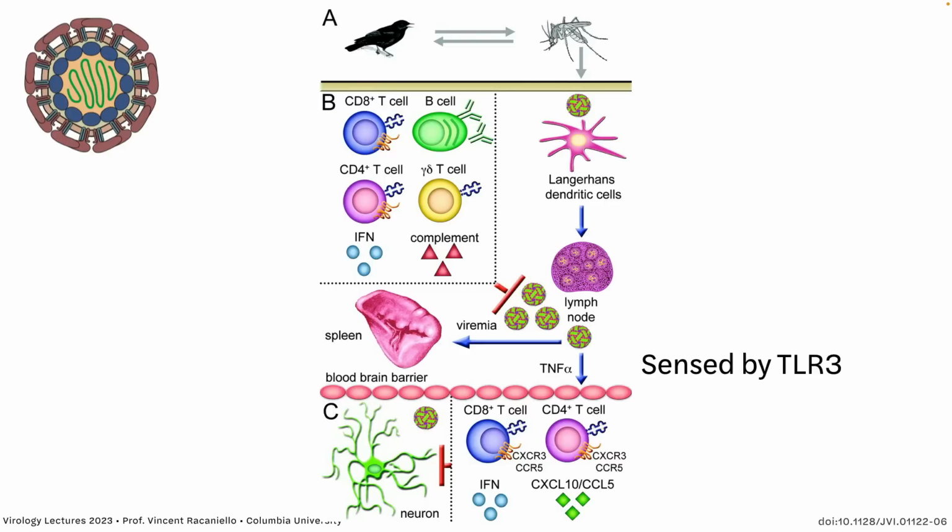And that's why you have neuroinvasion in a certain fraction of people, because TLR3 sensing the virus, making a lot of TNF, maybe a lot in some patients. Virus gets in the brain where it can infect lymphocytes and will also infect neurons and cause the neurological sequelae. So that's how the virus gets into the brain by an unfortunate side effect of TLR3 sensing the virus and making TNF. It's immunopathology, basically.